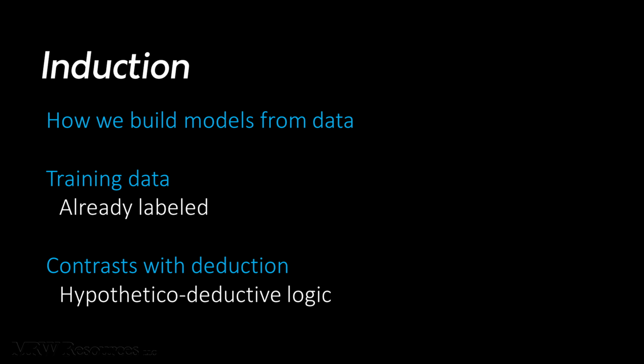So induction is in direct contrast to deduction, and in particular, the hypothetico-deductive logic model used so often in scientific research. Using deduction, we develop theories. Now, these can be big T theories or small t theories that help us understand the world. From those theories, we create hypotheses, then predictions.